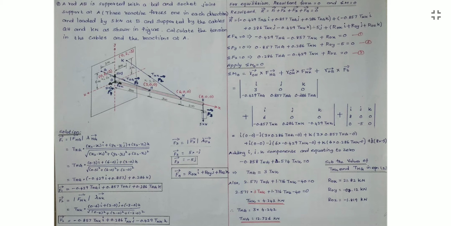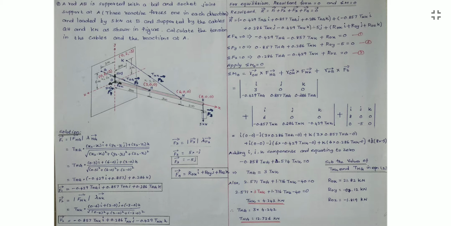So it is supported at the point O at the center by a ball and socket joint, and loads are there. Here 4 forces are acting and the system is in equilibrium, so we have to solve for the unknown forces. What are the equilibrium conditions? Resultant will be 0 and moment at any point also 0.